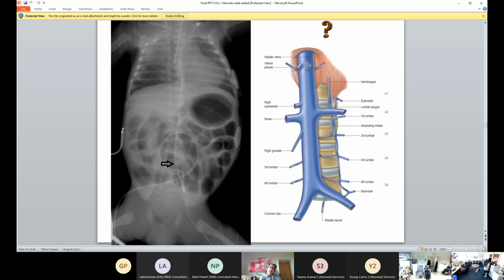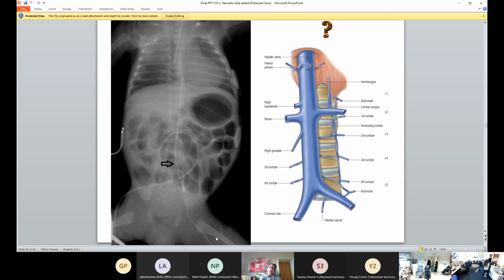And there are few case reports about having the long line in lumbar veins, and that was diagnosed after the baby had a sudden paresis of the lower limbs. And after a long investigation, they eventually knew that the long line was running in the lumbar veins.